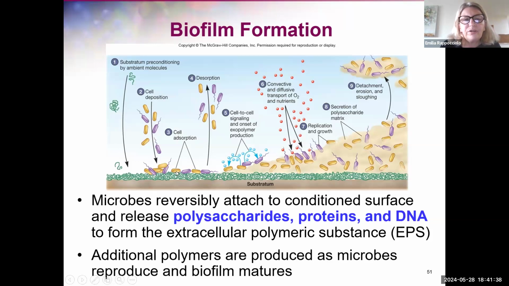They can come off and go back on, but then when they start producing this exopolymer, when they start producing the matrix, and they start signaling to each other and talking to each other and deciding to build this community, then the biofilm becomes something which is very strongly attached and very difficult to remove.